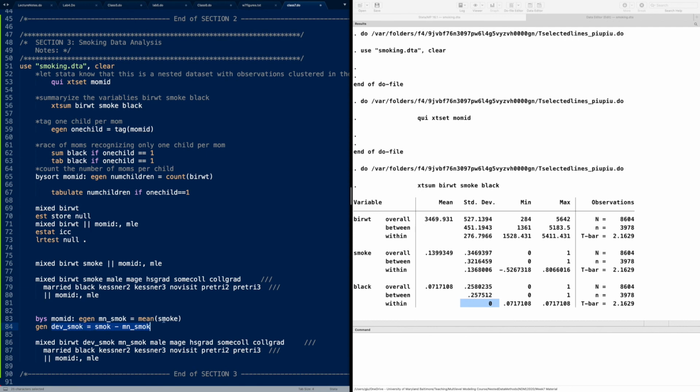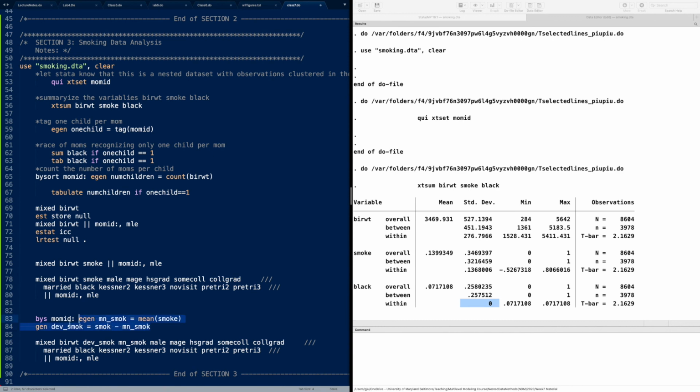So if mom had 2 births, she smoked on 1 birth and she didn't smoke on the other birth, this variable here would be 0.5 for the birth where she is smoking, and negative 0.5 for the birth where she is not smoking, right?